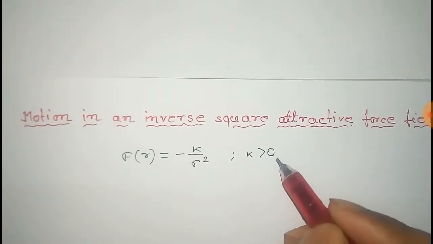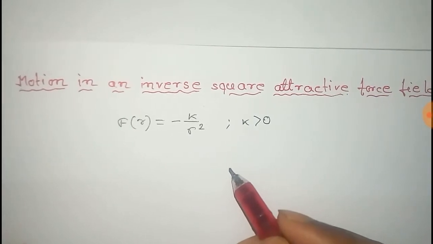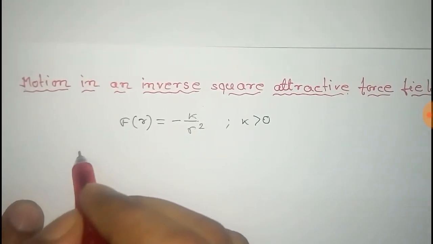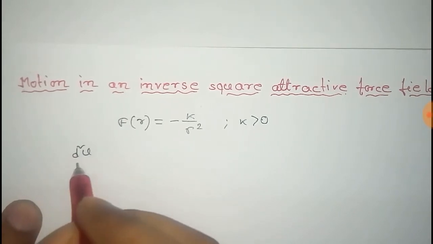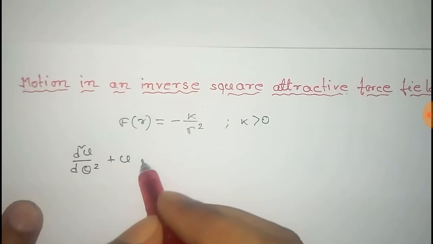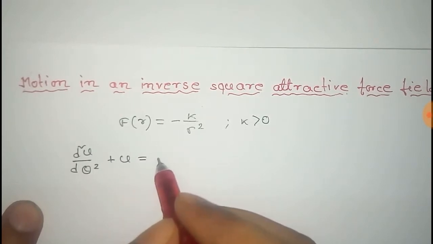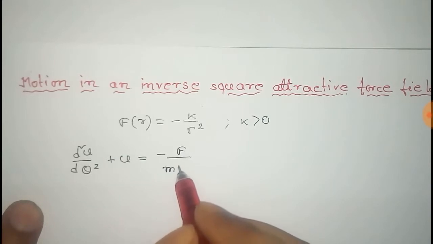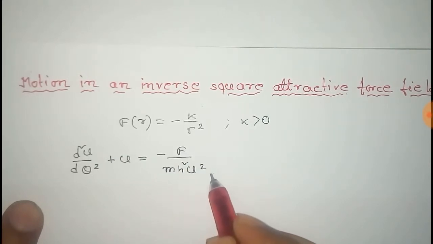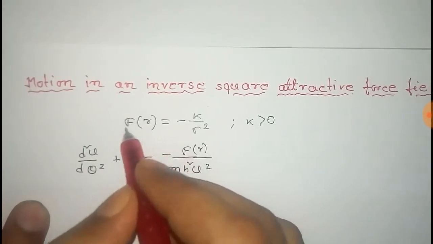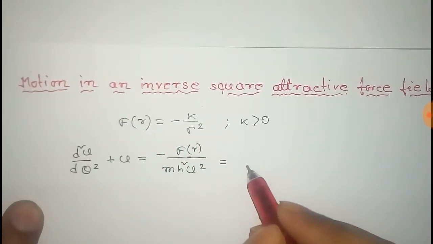Now the differential equation of motion of a particle under a central force field is given by d2u by d theta square plus u equals minus f of r by m h square u square. Now we have to put the value of f of r, that is minus k by r square.